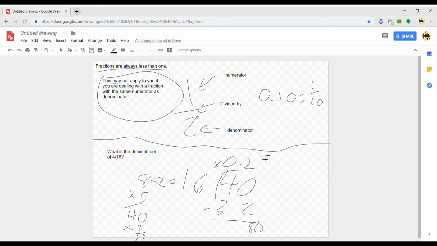And I'm going to do 5. And since I don't have space, I'm going to eliminate that. That's what I do when I don't have space, but you guys should probably not do that. But there you go. It is 25 hundredths. And if you want to see the fraction form, it's 25 out of 100.